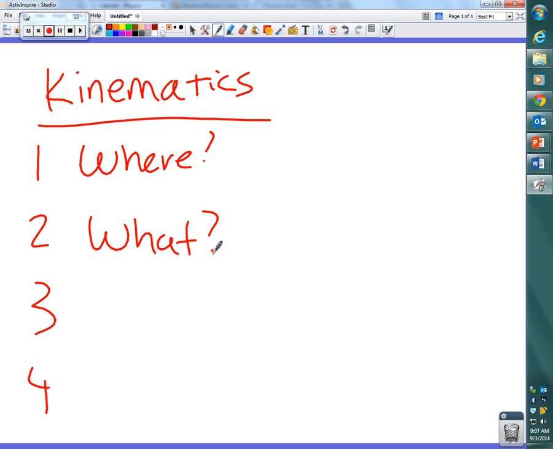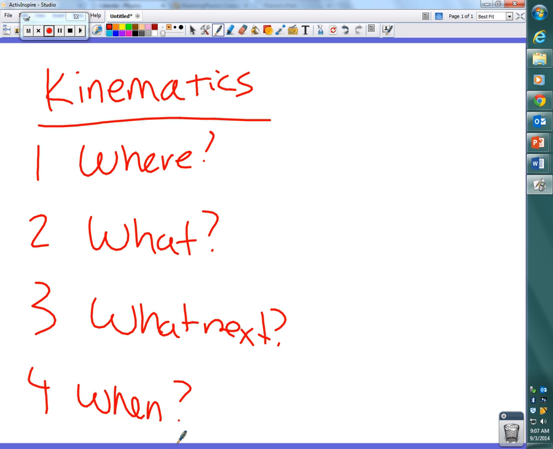Next question? What's going to happen to it in the future? And the last one, when? So when are all these things happening? And if we can answer those 4 questions, we do a good job of describing the motion. That's the gist of kinematics.